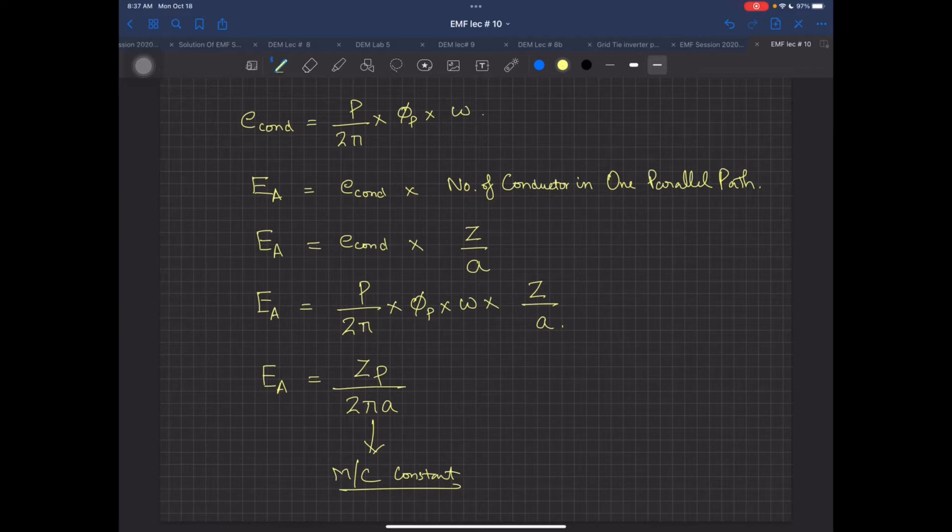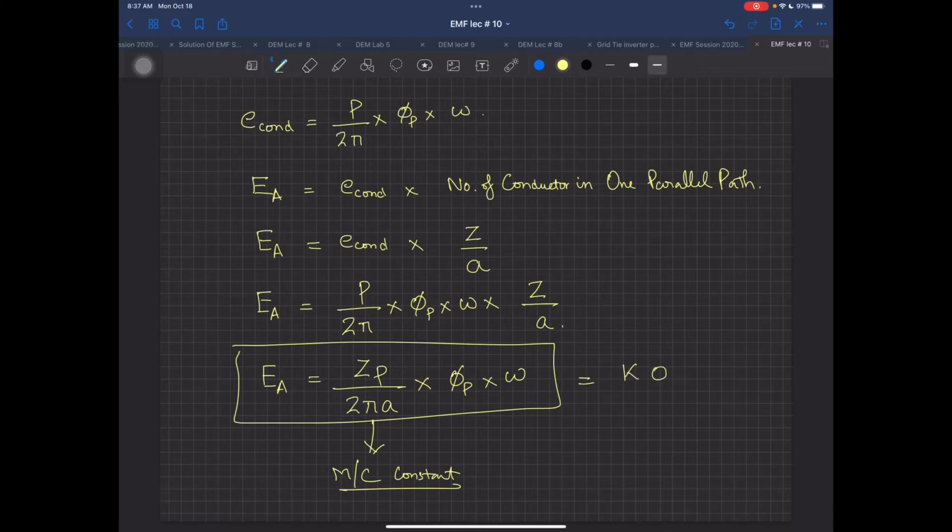So again I have this relation: EA equal to ZP divided by 2 pi A multiplied by phi P into omega. So I can write this equation as K phi P into omega, where K is the machine constant. And this K will be constant for a particular machine.